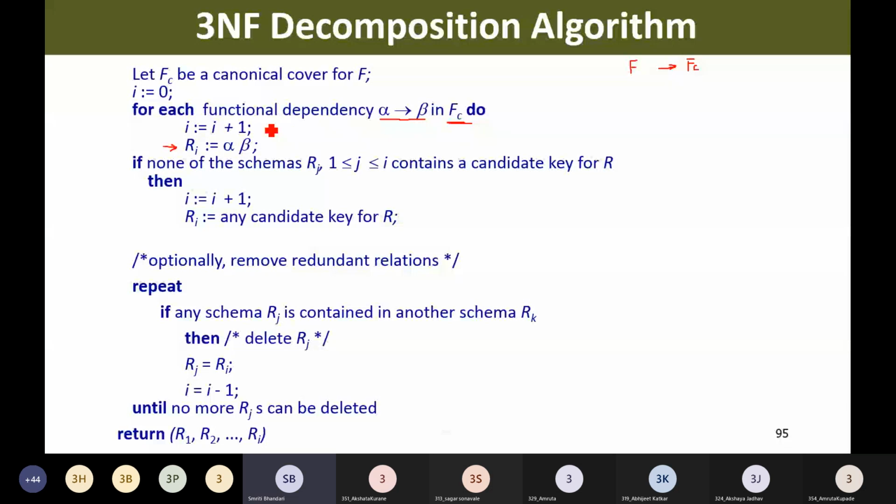Similarly, if I have say four dependencies in FC, then for every dependency in my FC, I will create one table, one relation. Correct? Are you getting me? Is there any doubt so far?